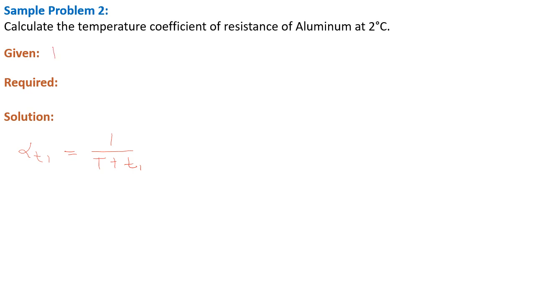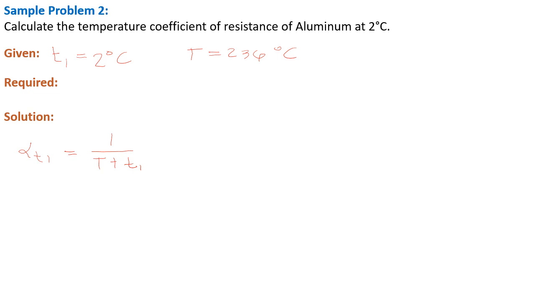Of course your 2 degrees Celsius will be your T1, right? Now, what is T, the absolute inferred temperature for aluminum? If you look at our table, that's negative 236 degrees Celsius, but we will use positive. Okay. So this is easy.